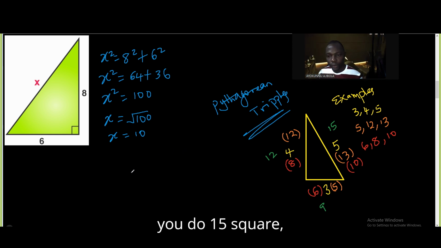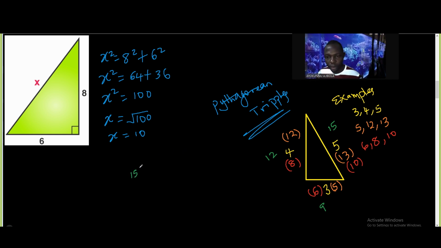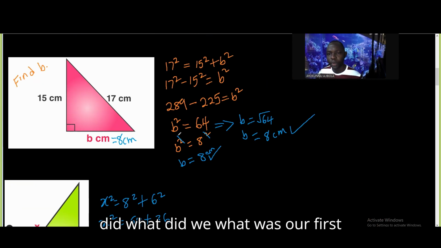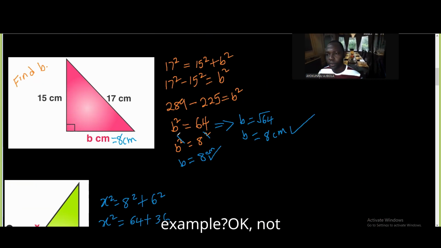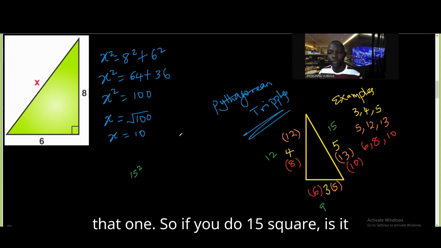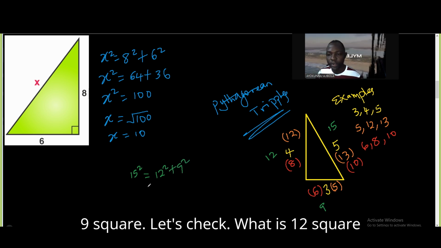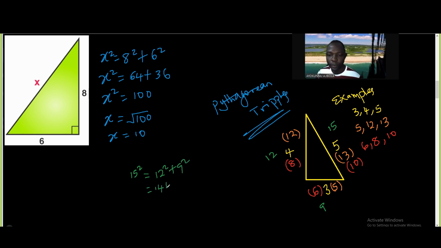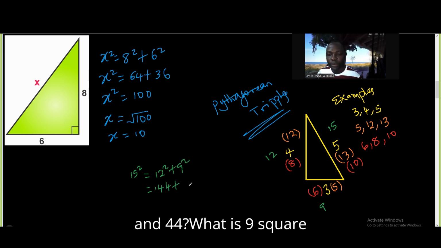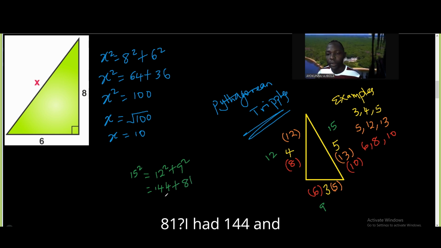If you do 15 squared, is it going to give us 12 squared plus 9 squared? Let's check. What is 12 squared? 144. What is 9 squared? 81. Add 144 and 81.